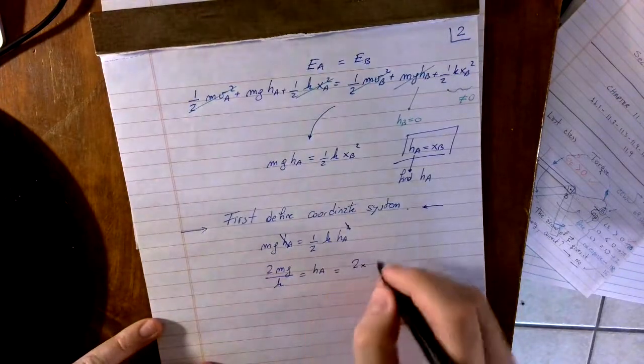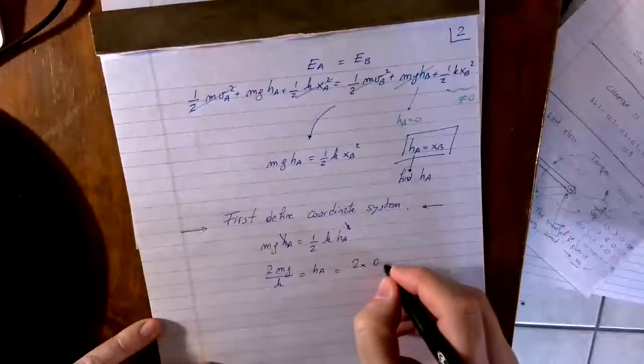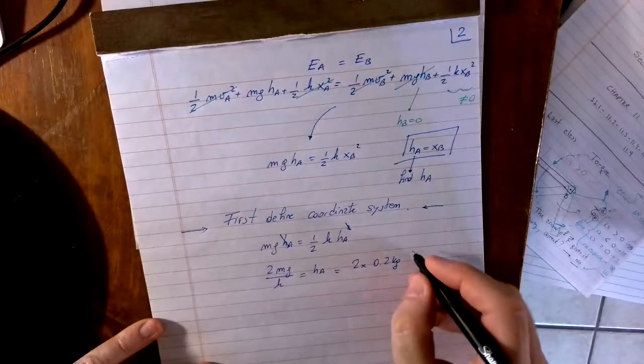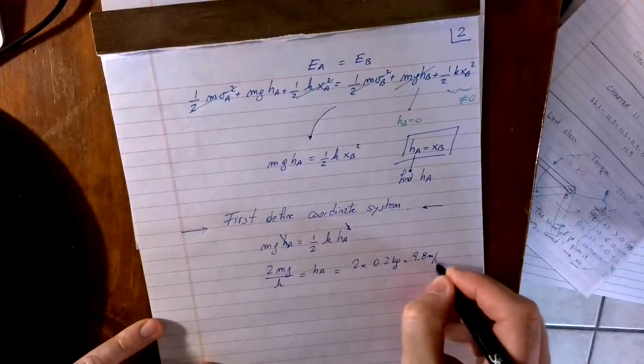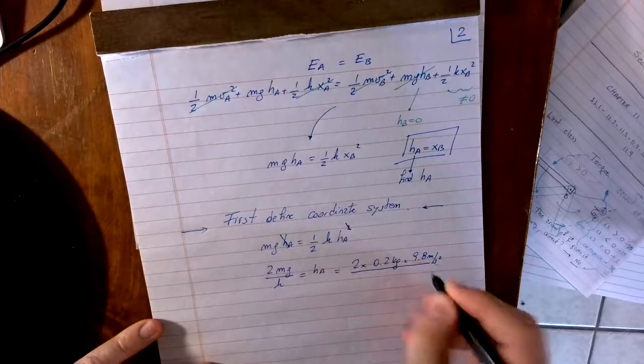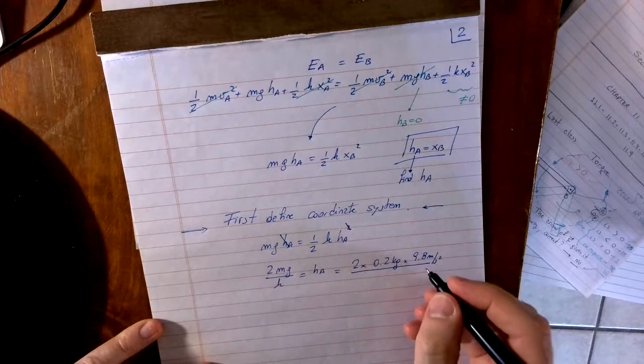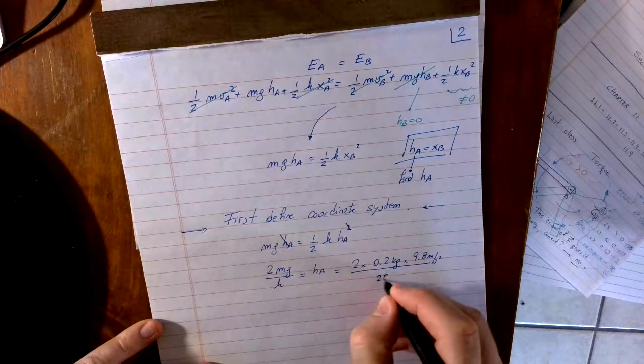So you put here the values: 2 times mass, 0.2 kilograms, times 9.8 meters per second squared, and then you divide by 28.